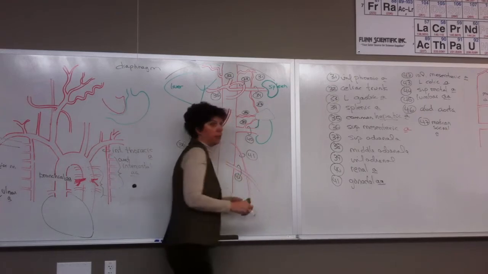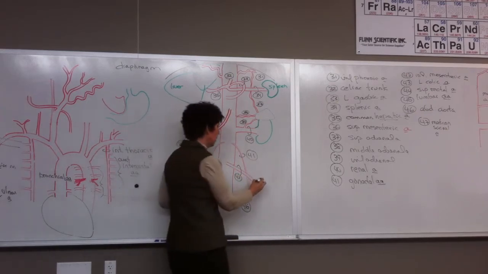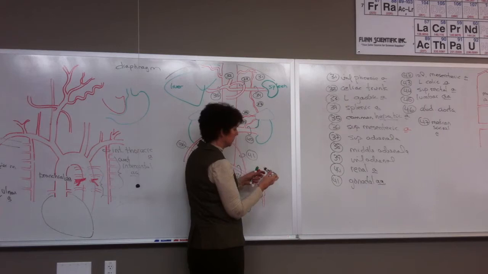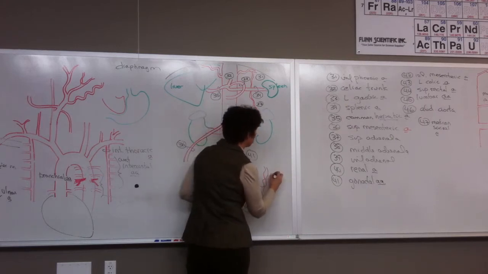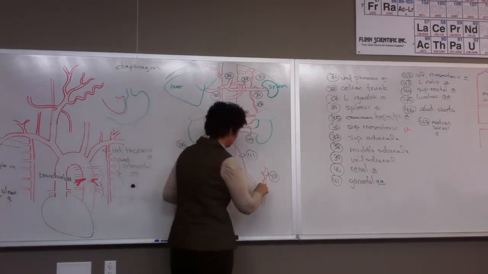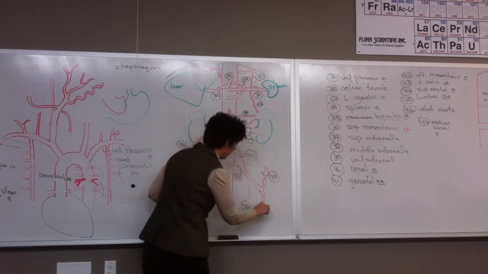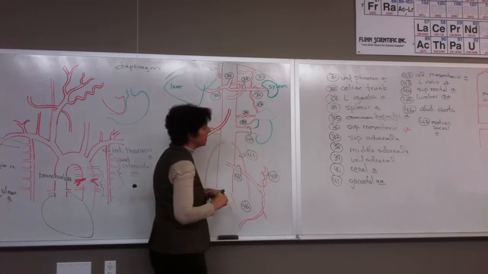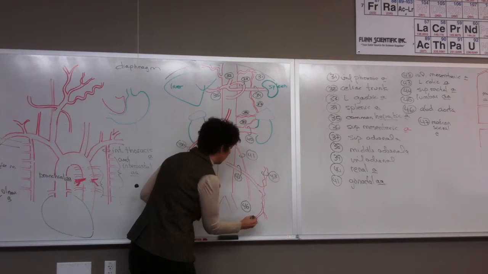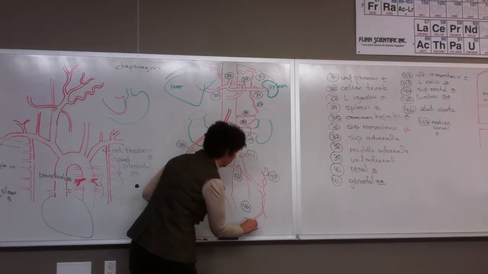It divides and sends a branch along the descending colon, known as the left colic. And a branch goes to the top of the rectum, known as the superior rectal artery. We're going to come back and look at this when we look at middle rectal and inferior rectal.